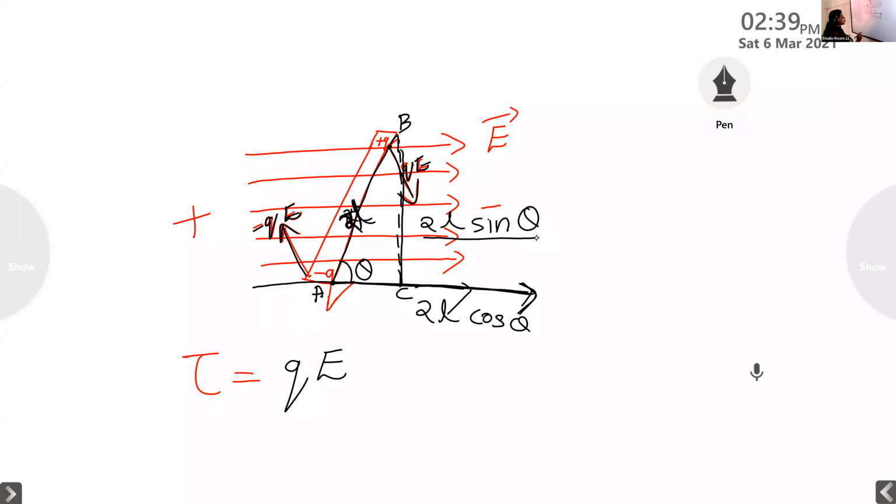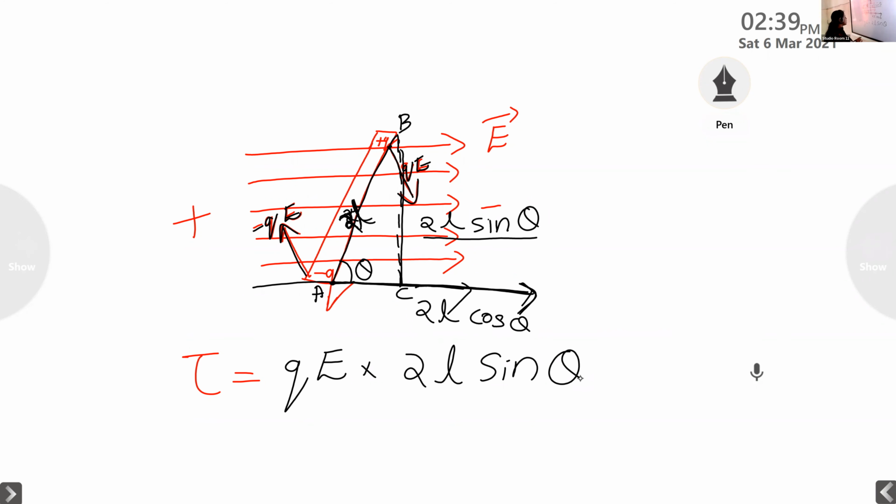So in the equation, tau is equal to QE into the perpendicular distance, which is 2L sin theta. Tau is equal to QE into 2L sin theta.